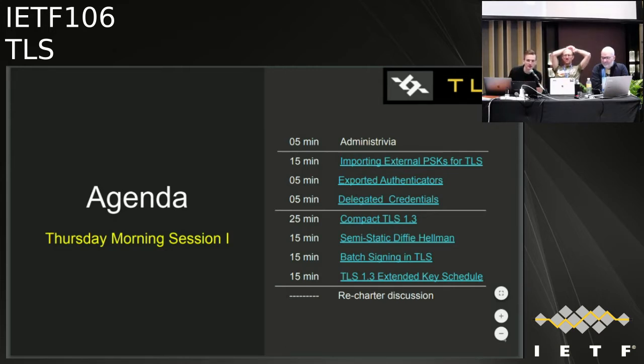I would prefer to not do that. We can move it before batch signing if that works for you. I mean, we could move it before compact TLS if you really want. Sure. If you could stick to 15 minutes, that's fine. I can do it in 12. Perfect. Any other requests?